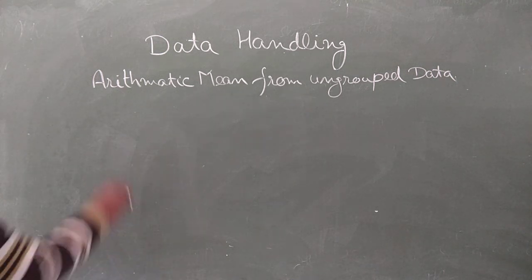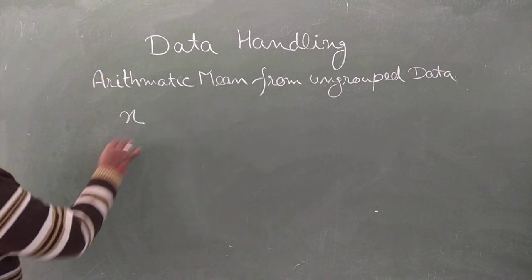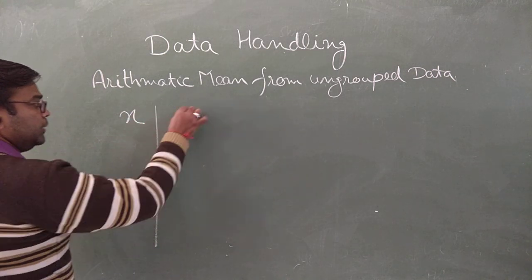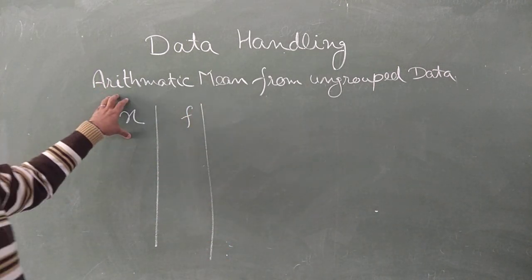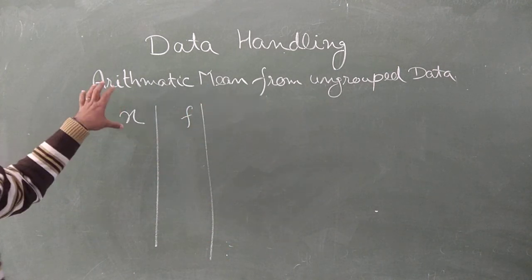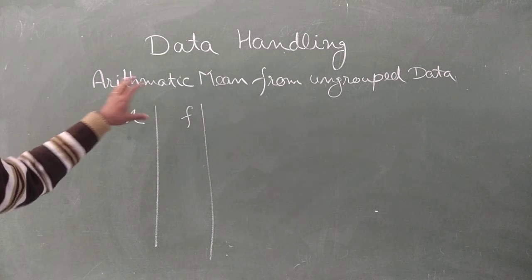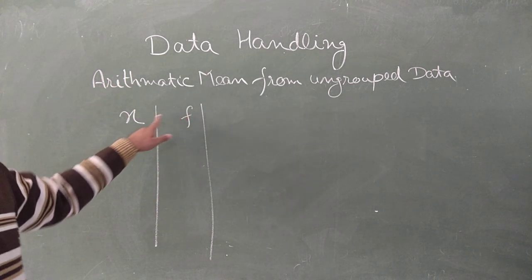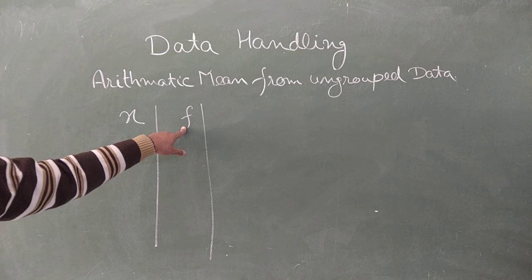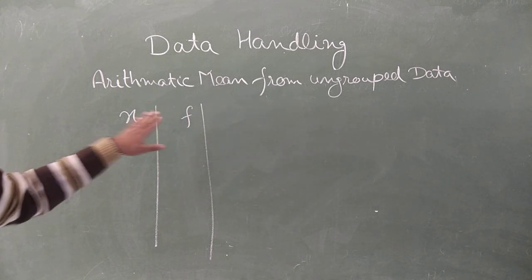Suppose there are two columns, x and f. X is the value of the experiment you are performing, and this data is arranged in this column, and there is a frequency of the given data.